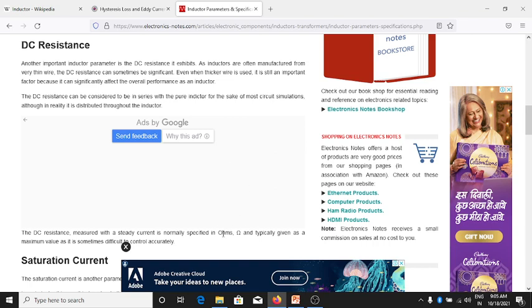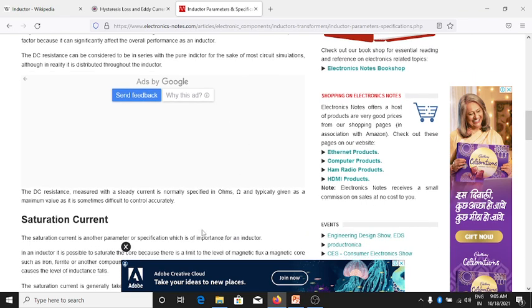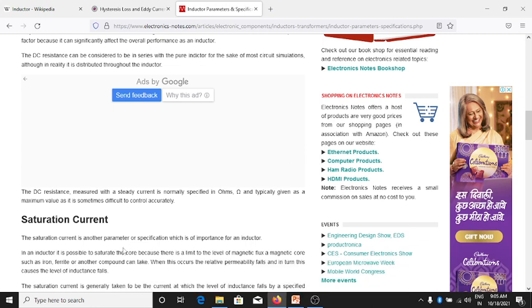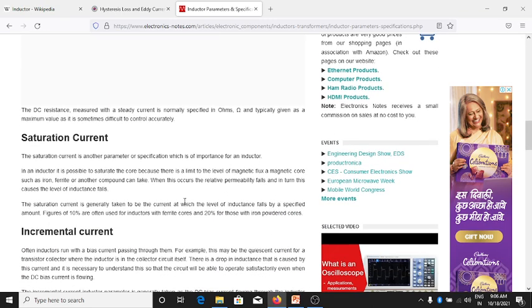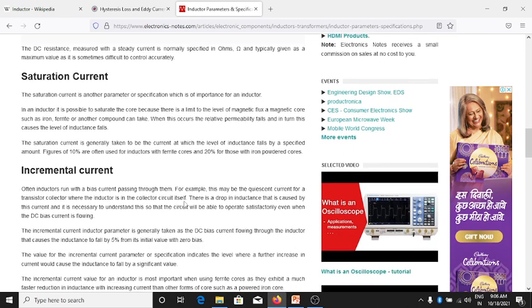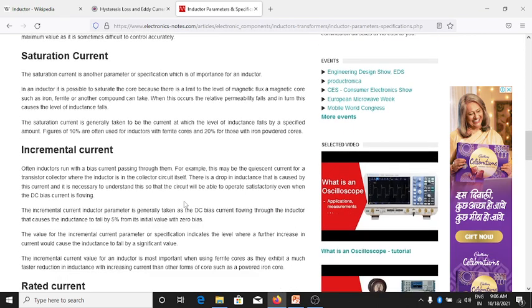The DC resistance, measured with a steady current, is normally specified in ohms and typically given as a maximum value as it is sometimes difficult to control accurately.